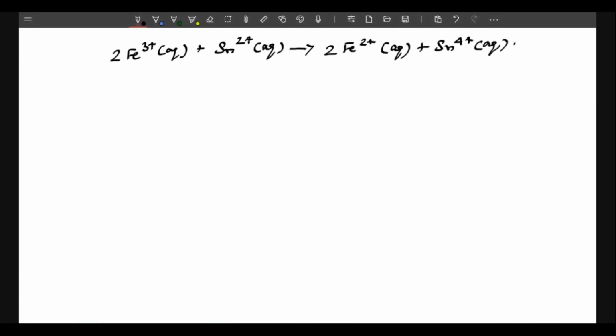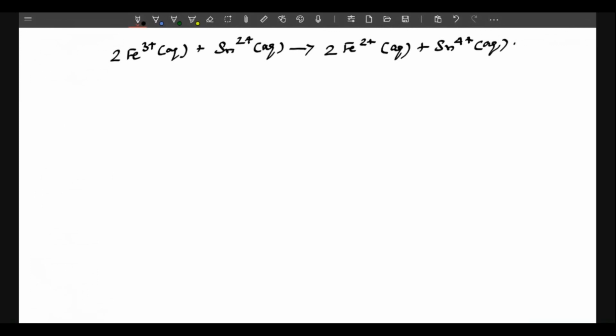I think it is possible for you to set up the electrochemical cell. That is, E naught cell is equal to E naught right minus E naught left. Now you have to represent this. I will tell you how to represent it.